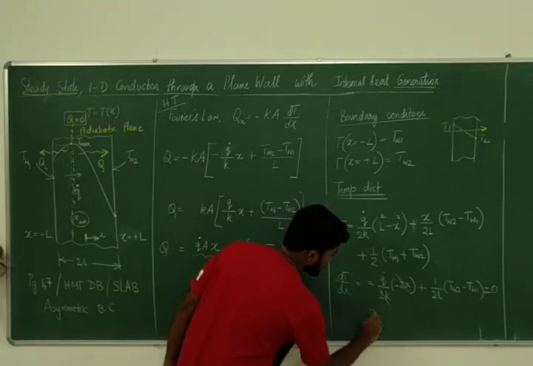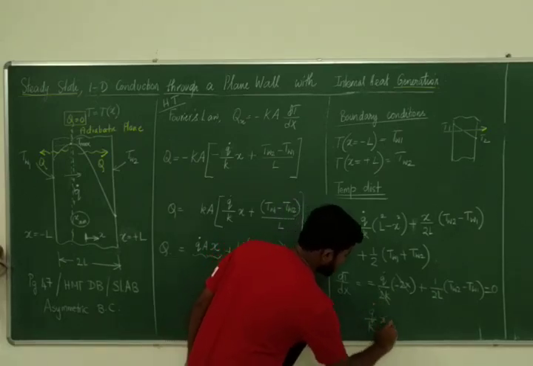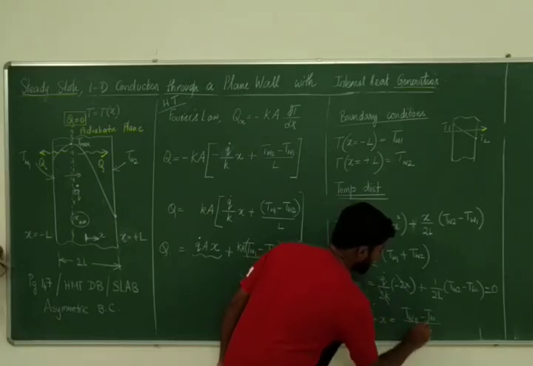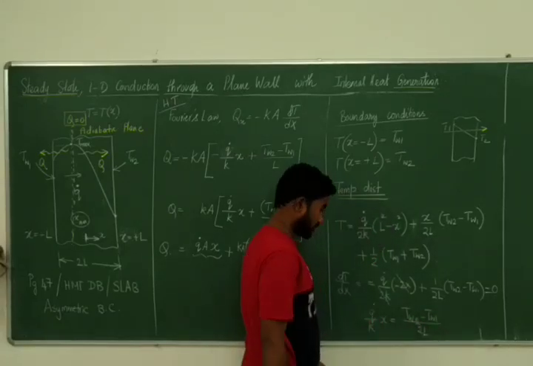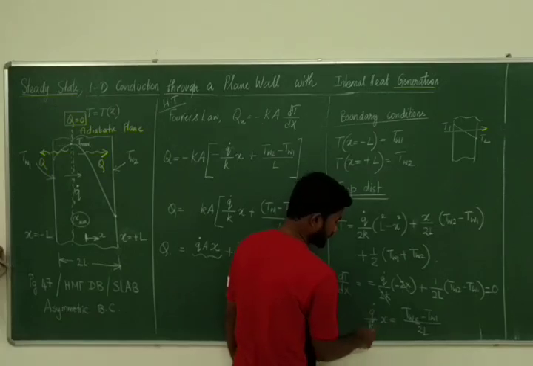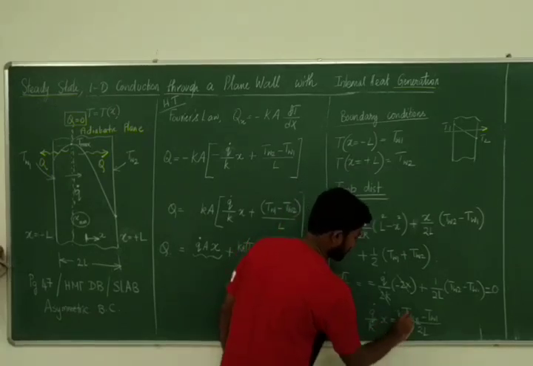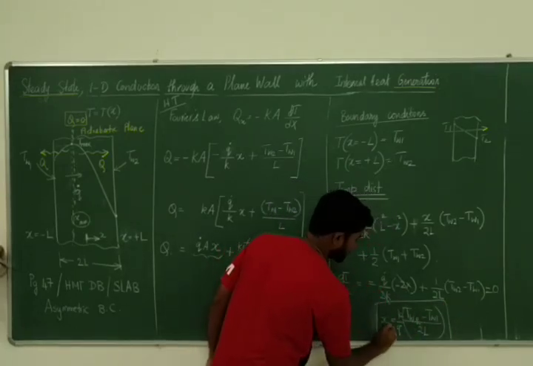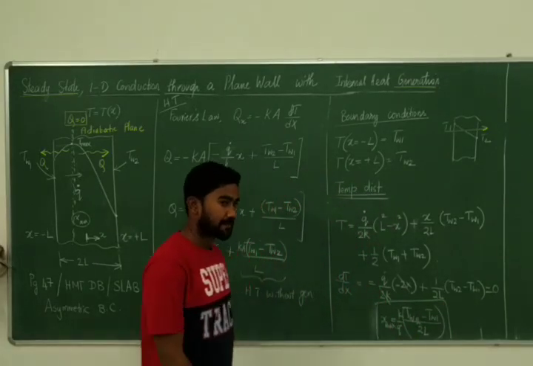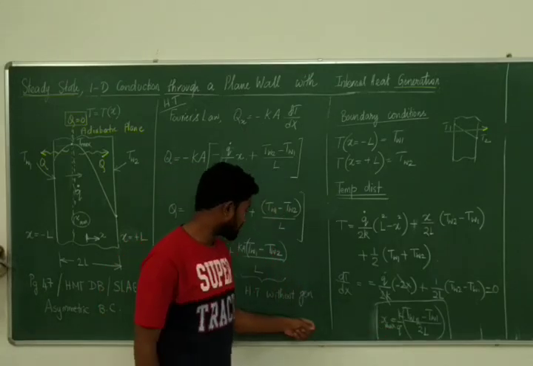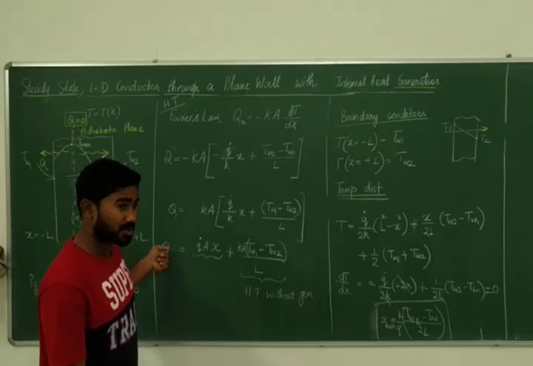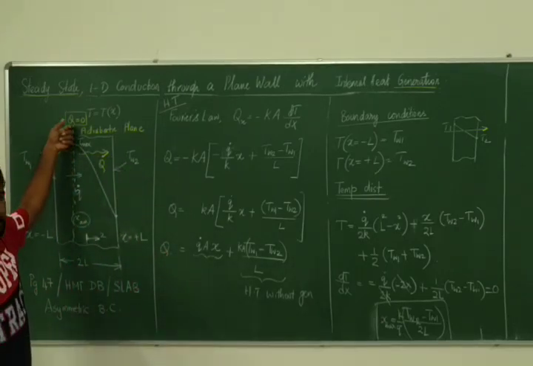So you will get q dot by k x equal to (Tw2 minus Tw1) divided by 2L. So x will be k by q dot times that. So this will be x max. This is the location of the adiabatic plane. And if you substitute x max here, you will see Q will be 0. At x max, Q is going to be 0.